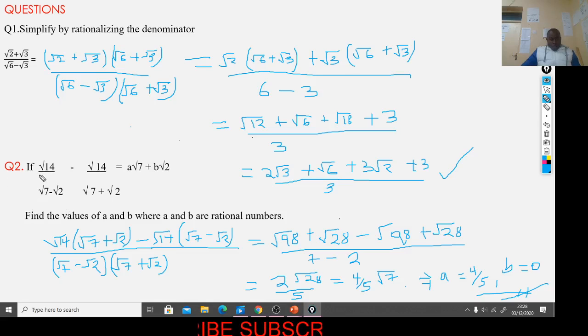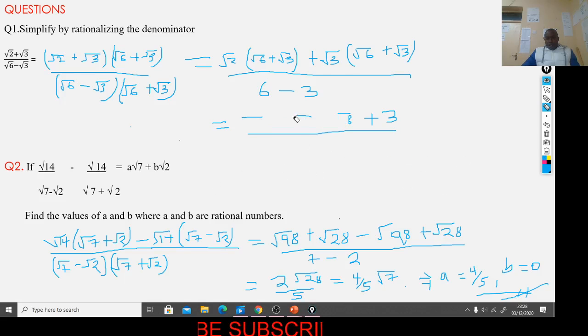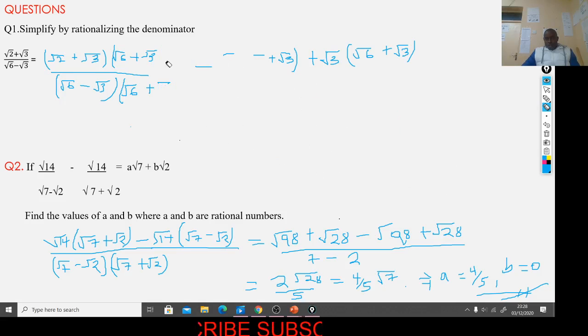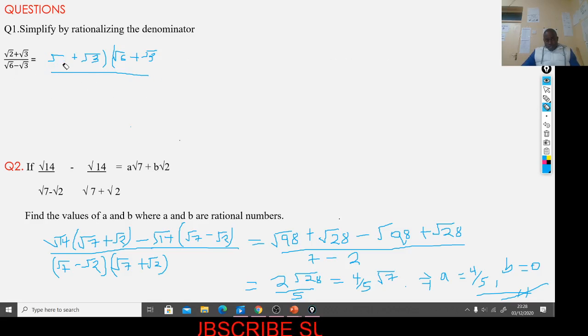By rationalizing, you can either rationalize each part or you find the LCM. But what you'll find after solving, you'll still find 4 over 5 root 7. So whichever route you go, you'll get the same answer. You choose the best for you, and you can even do the same question using the other way that I've told you, so that you see whether you find the same answer or there is a miscalculation somewhere.